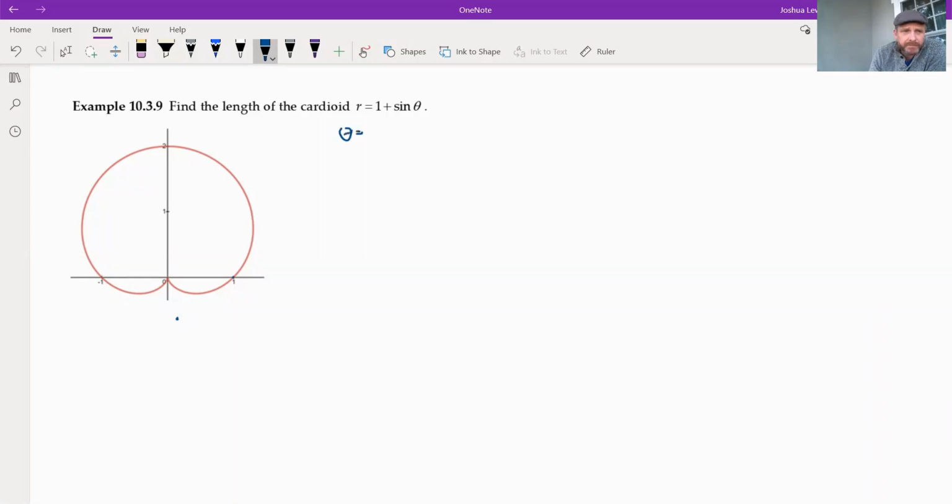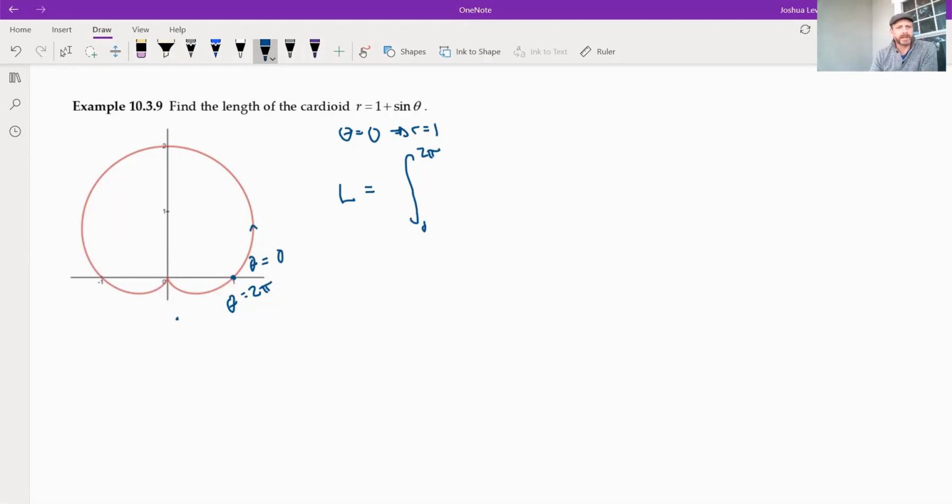Where's that going to be? Well, theta equals 0, that's r equals 1, right? So right there. And we're going to need to go around 2 pi. So there's theta equals 0. Theta equals 2 pi. So we're going to go from 0 to 2 pi, okay?